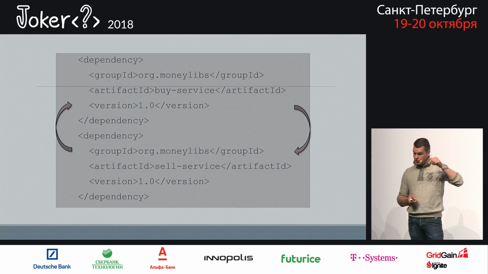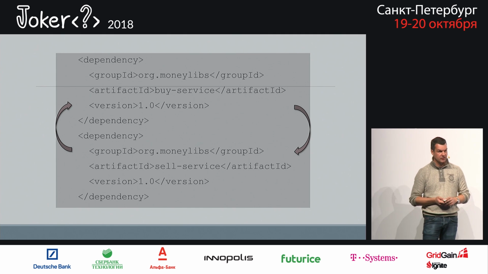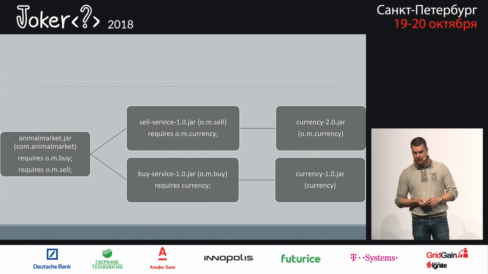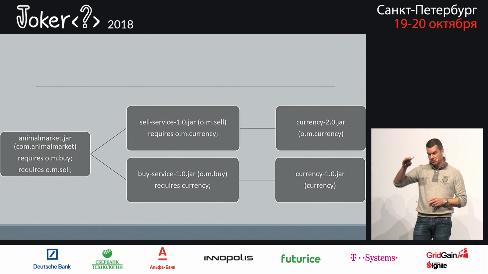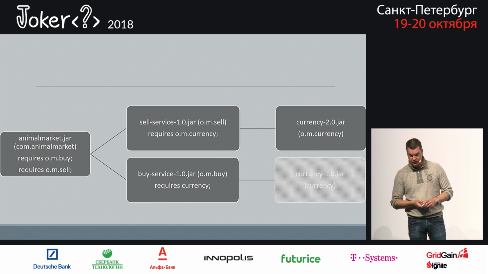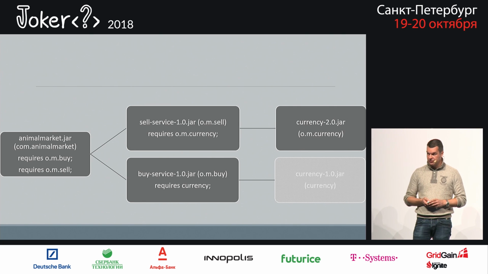We can also switch the buy and the sell service. And then the graph would look a little bit like this. So now we have the sell service on top, and especially the currency 2.0 on top. Maven will again select the first one, being the currency 2.0 in this case, with the name o.m.currency. And now, again, it won't compile.